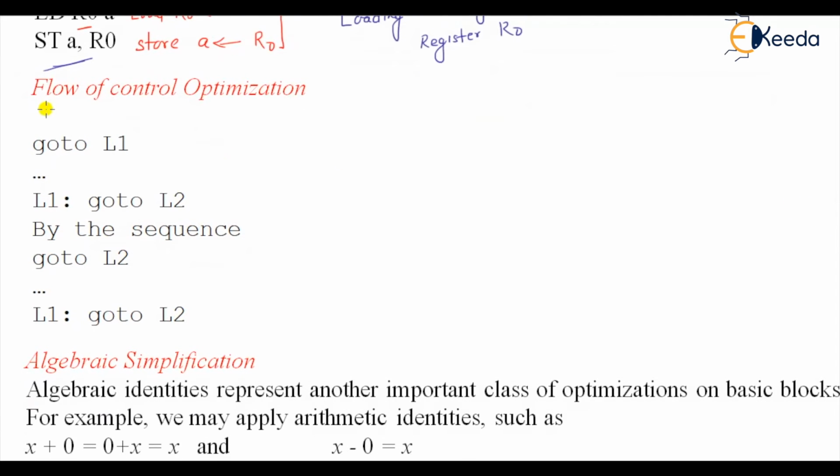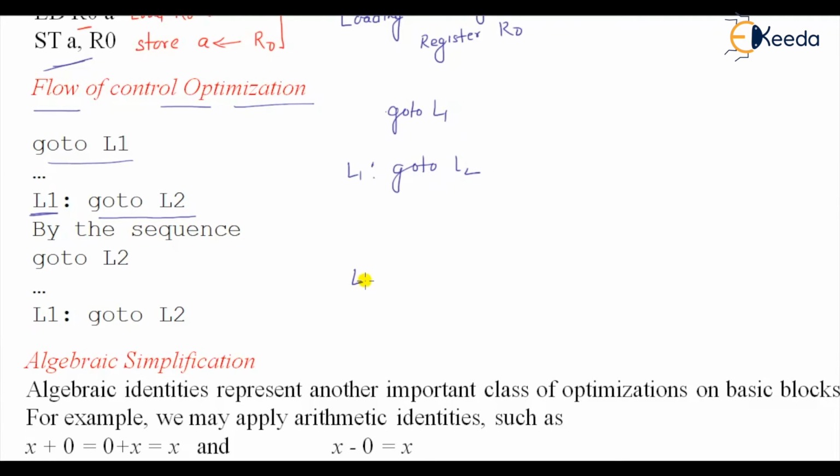The next is flow of control optimization, and it is very simple. If you have a go to L1, L1 is a label, and at that label we again have a go to L2. So we are jumping to L1, and L1 says go to L2.